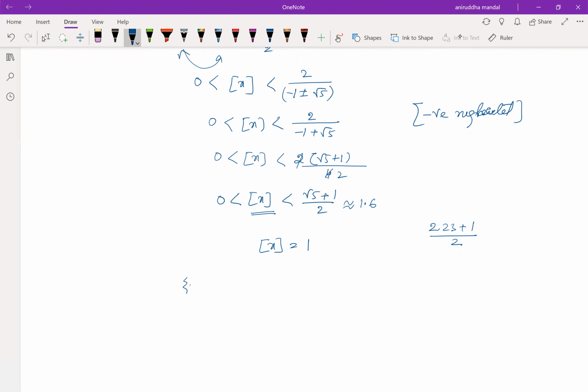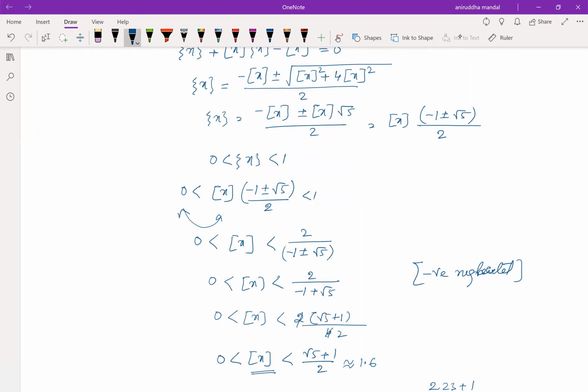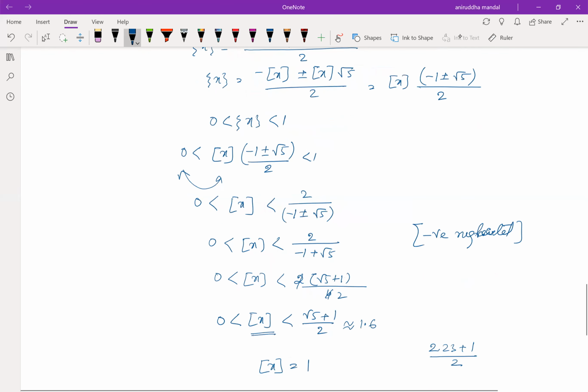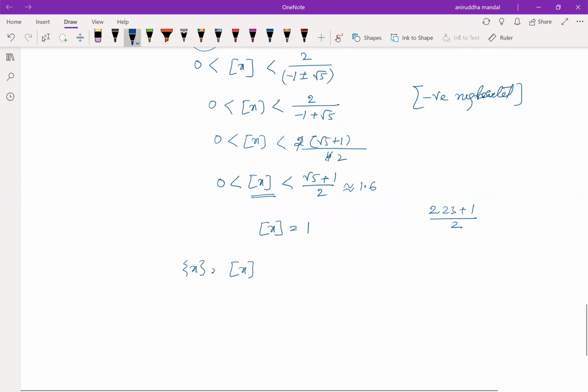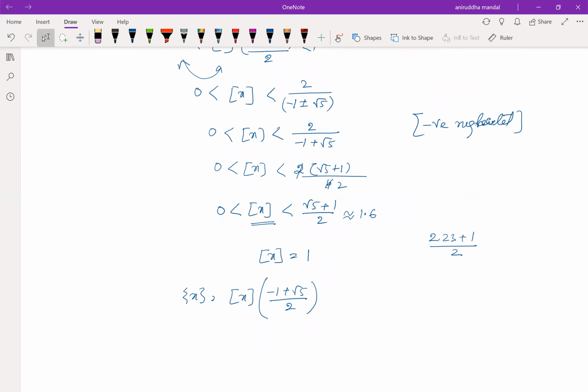Now the fractional part: we have this equation, and if we substitute the value of floor of x, we have the fractional part as (root 5 minus 1) by 2.